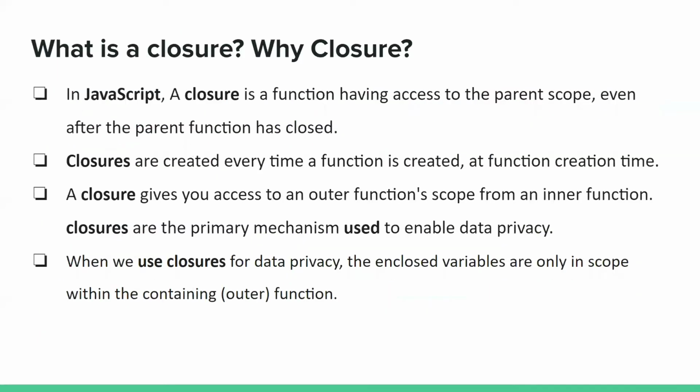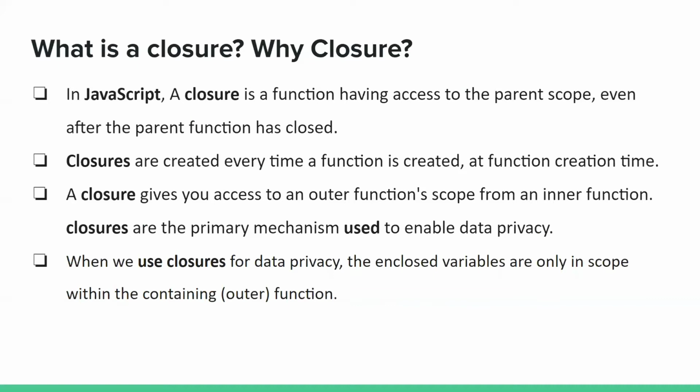So what is a closure and why closures? Before moving into a topic, we need to ask ourselves why we are using it. In JavaScript, a closure is a function having access to the parent scope even after the parent function has closed. Closures are created every time a function is created.